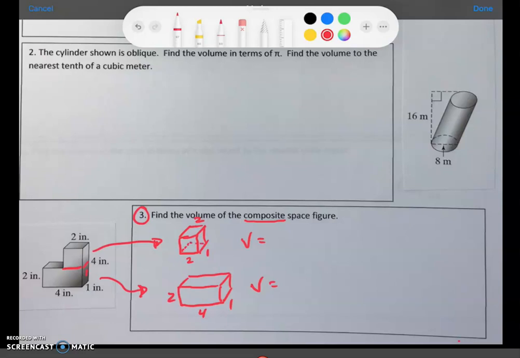The base is a 2 by 1, so it is 2 times 1 times the height, I need this height, that's 2. So that is a volume of 4 cubic inches. This one here has a base of a 4 by 1 rectangle on the bottom, 4 times 1, and a height of 2, and that is 8. And then we just add it together, and the whole composite is 12 inches cubed. So you've got to split it into more familiar figures.